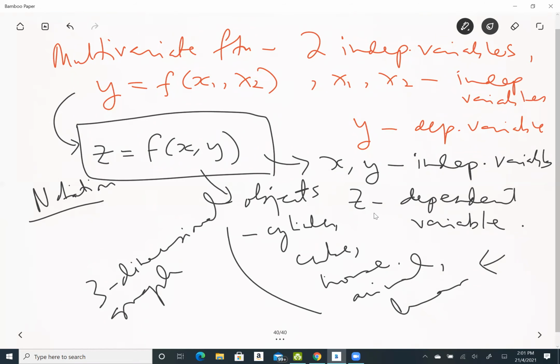Now, how do you draw the graph? X and Y are the independent variables, so you put X and Y on a flat surface. In the one-variable case, you have Y going up.